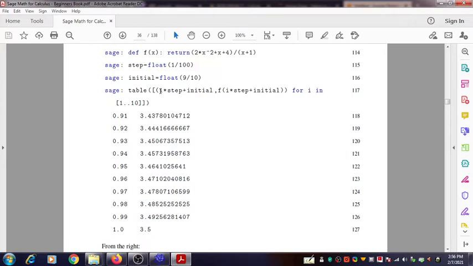We want to know the starting value of I, and for that you have to refer to this part. I is an integer that can take values from this list.